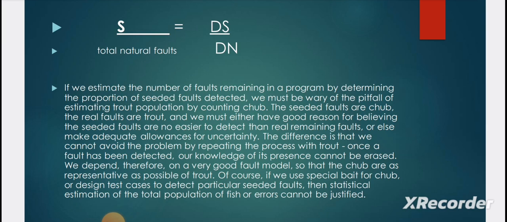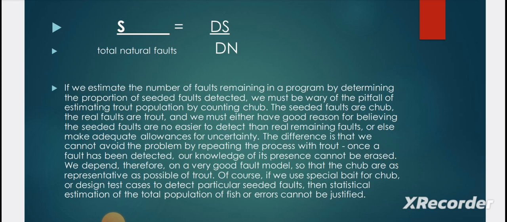Here, we must either have a good reason for believing this, or make adequate allowance for uncertainty. The difference is that we cannot avoid the problem by repeating the process with the trout. Once a fault has been detected, our knowledge of its presence cannot be erased.